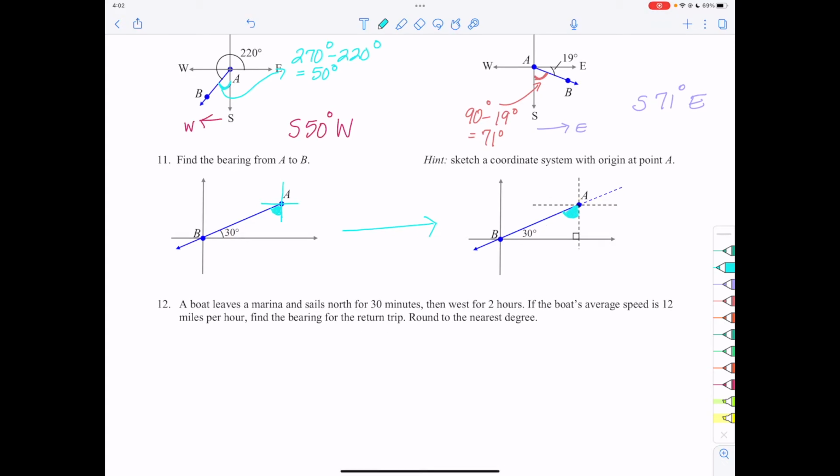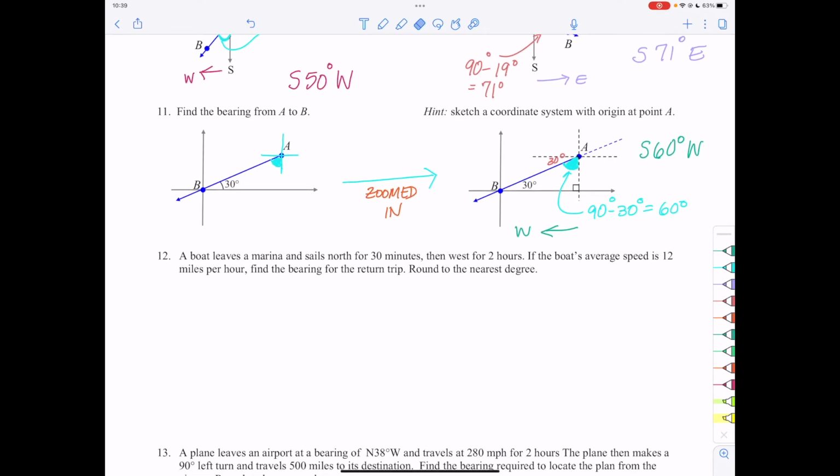Now, as you can see here, if this angle is 30, then this angle is also 30. So the angle that we would like is 90 minus 30, and that's equal to 60 degrees. Now, we are moving west from south. So this would be south 60 degrees west.